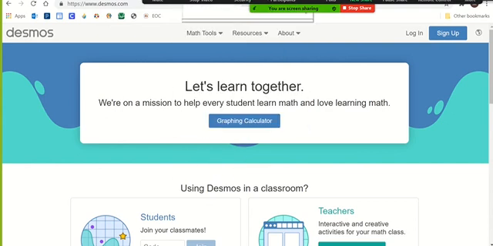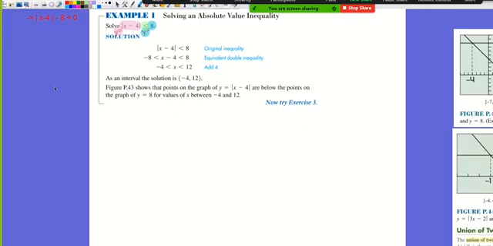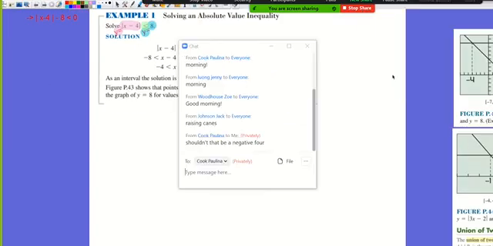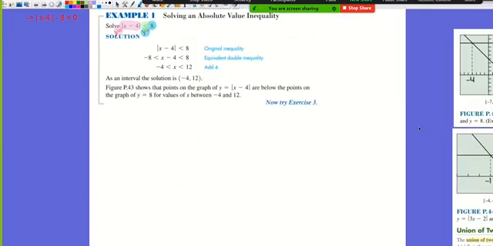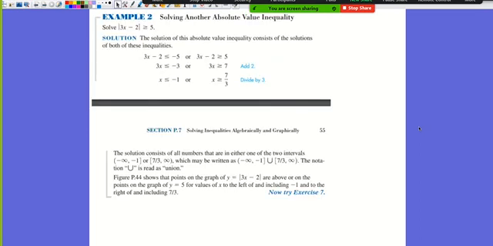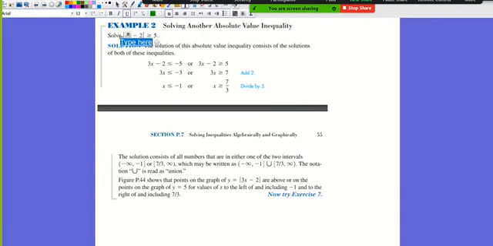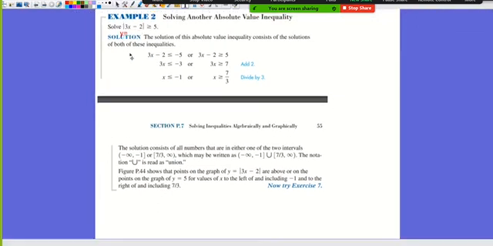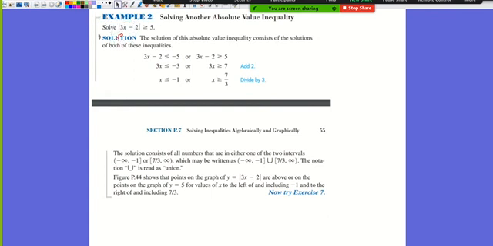Example 2 is the same exact thing. No big deal.